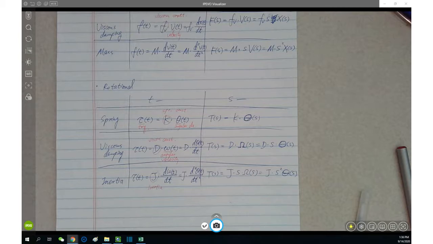Because these are components, we can derive more complicated system transfer functions based on these. Any questions so far?